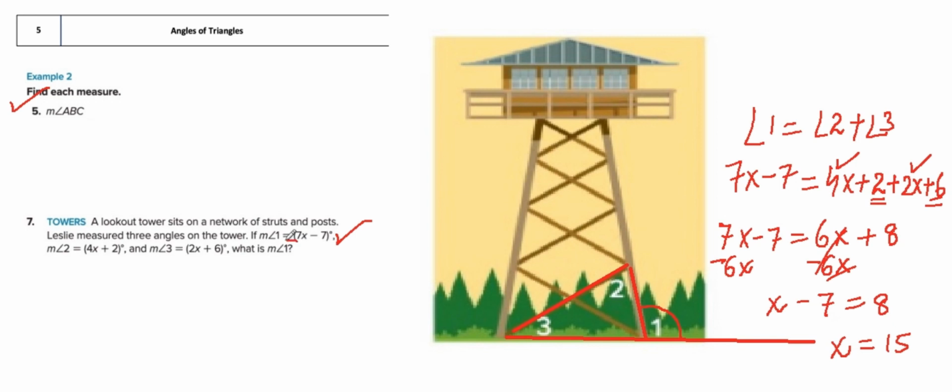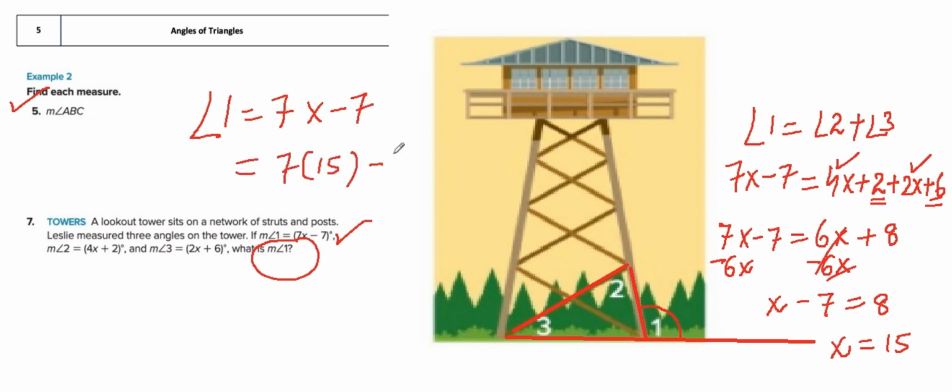Now they're asking to find angle 1. So angle 1 is already 7x minus 7. So substitute the value of x, 7 into 15 minus 7. So this will be 105 minus 7, which is 98. So this is your angle 1.